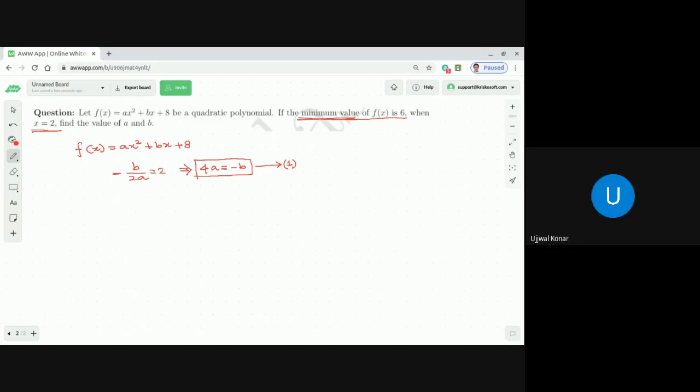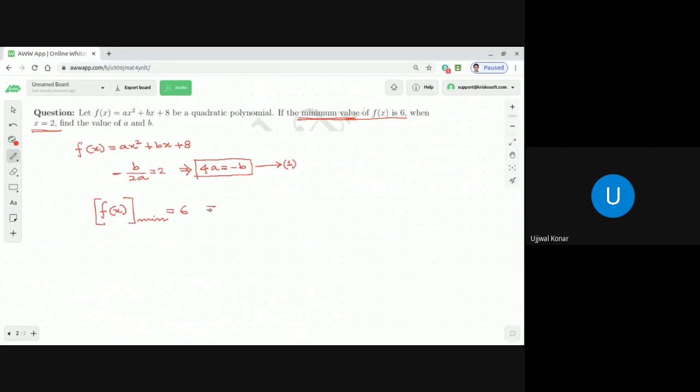Remember, what is the minimum value? It is (4ac minus b square) by 4a. The minimum value is 6. So it is given that the minimum value is equal to 6.